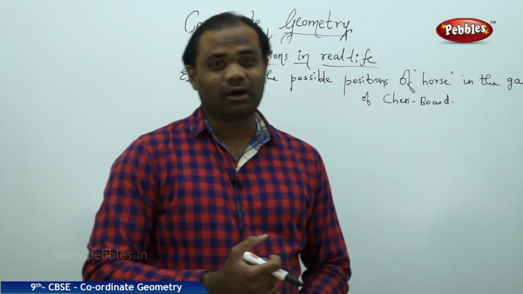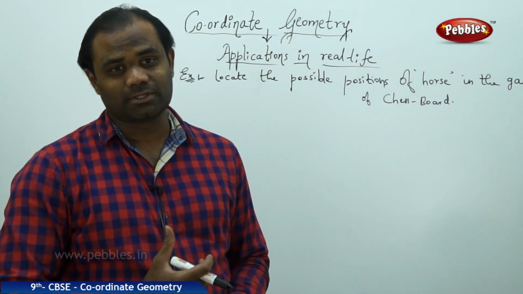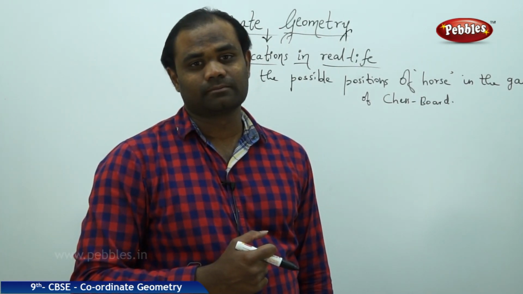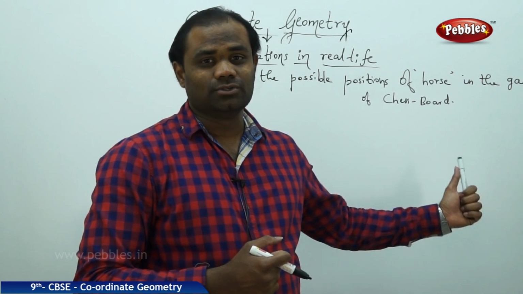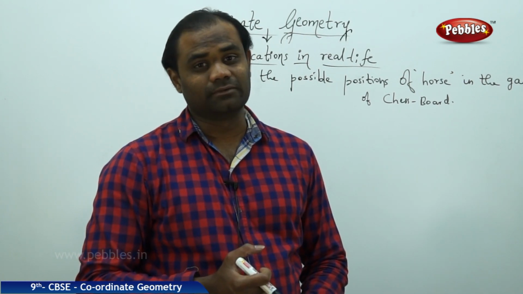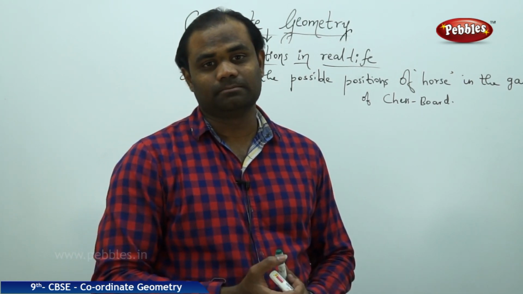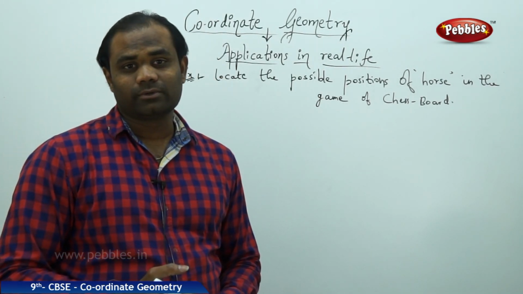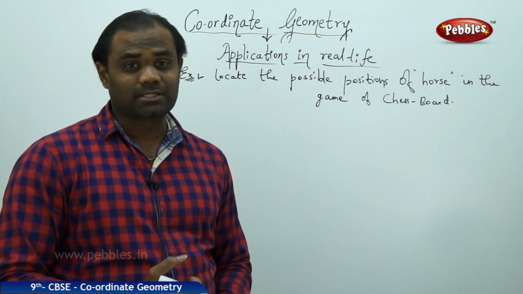So let's see how we can locate the various positions, assuming the horse is on the origin. So let's try to use this in real life connected with the Cartesian plane system. Let's see how we can locate through the graphical XY coordinate system.